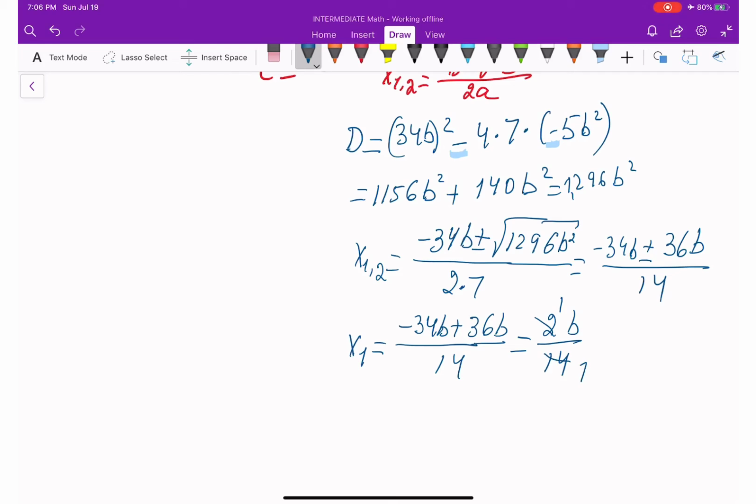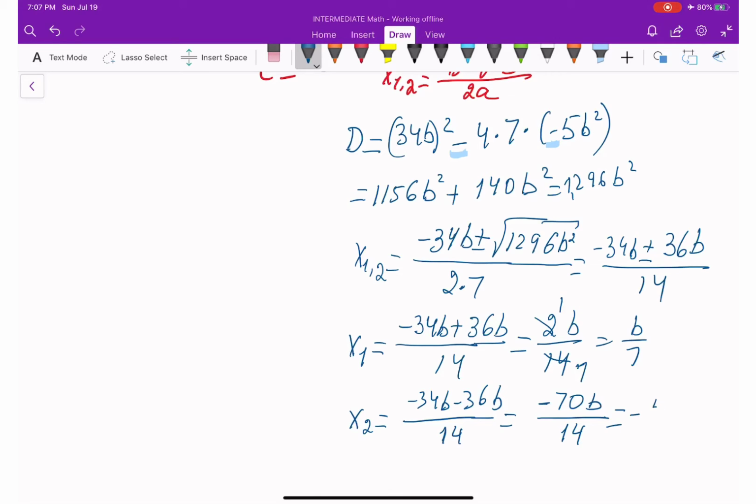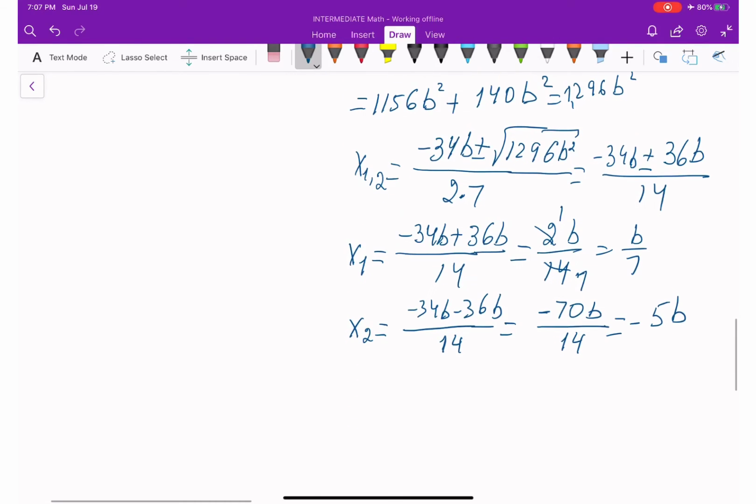It's going to be 1 and 7, b over 7. x2 is going to be equal to negative 34b minus 36b over 14, which is equal to negative 70b over 14, which is equal to negative 5b.